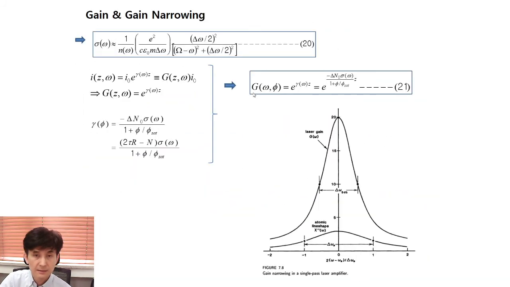So that's the expression we have here, delta n not over 1 plus phi over phi set. Then by increasing the photon flux, gain is exponential gamma times z.